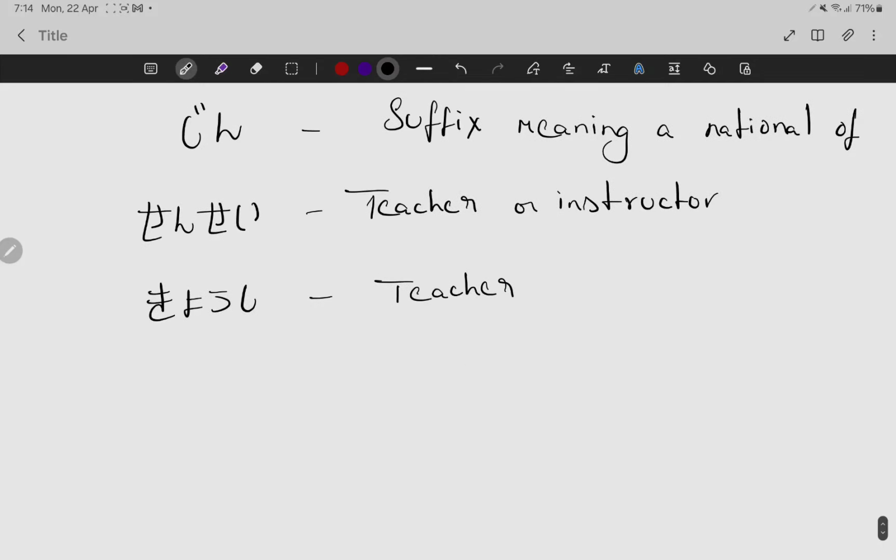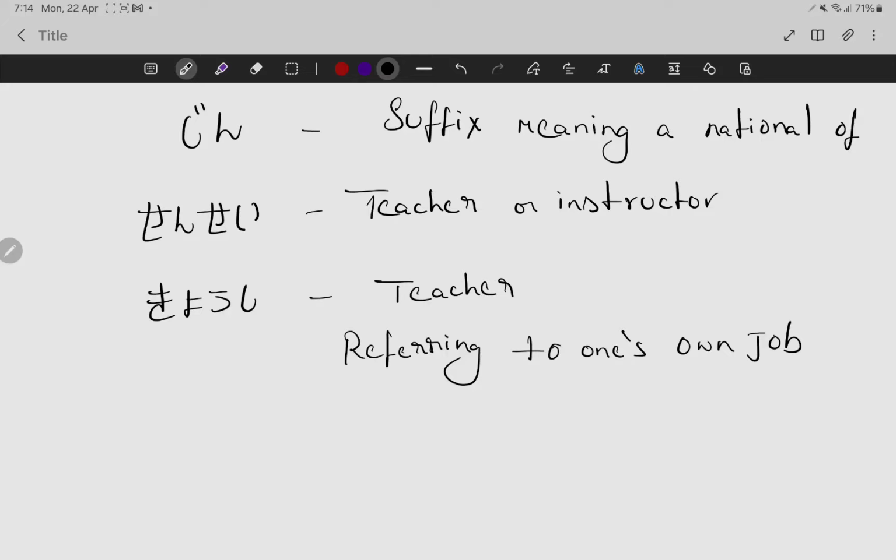When you are referring to one's own job, watashi wa kyoshi desu. So referring to one's own job, that is kyoshi.